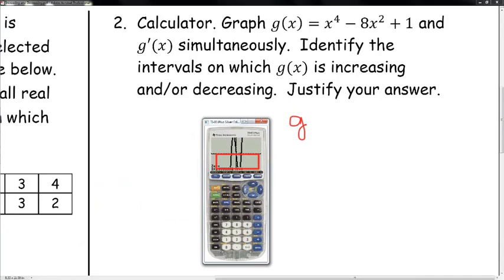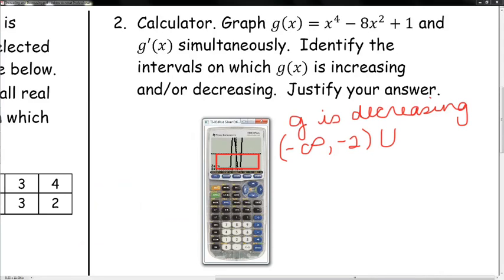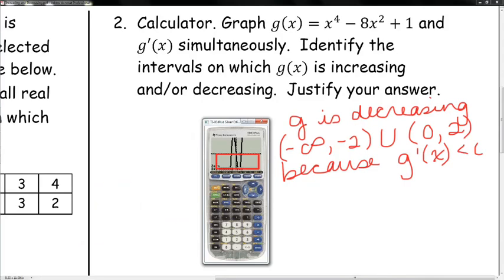So g is decreasing from negative infinity to negative 2, and looks like from 0 to 2, because, and this is where when they ask you to justify, you would write g prime of x is less than 0, or you can write or is negative.